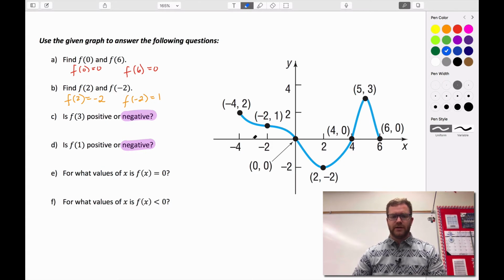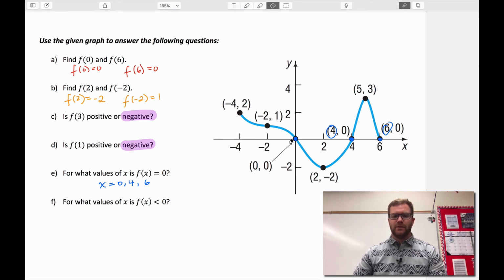Just walk along the x-axis and figure out, when does it hit our graph? So we have a point here, again here, and again here. So in 3 places it hits our graph when y is 0. And those values of x at which that happens are 0, 4, and 6. So x equals 0, 4, and 6.